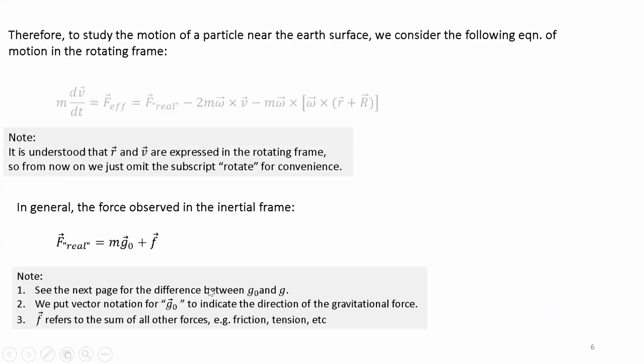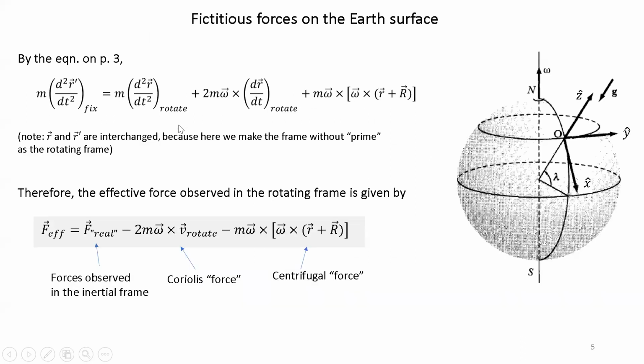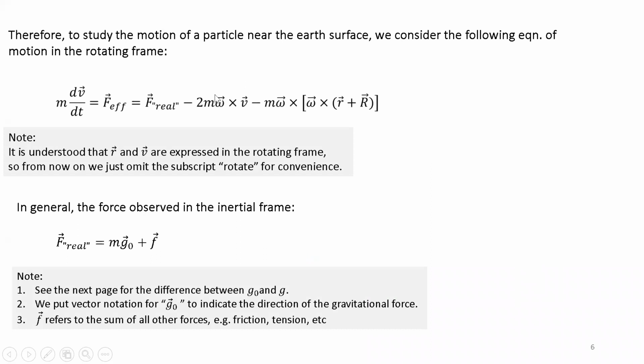Now if we want to study the motion of a particle on the Earth surface, this is the equation of motion that we are going to consider.